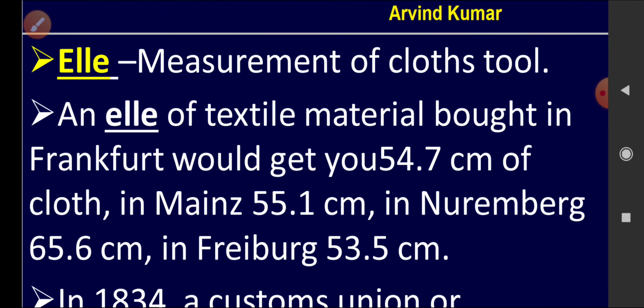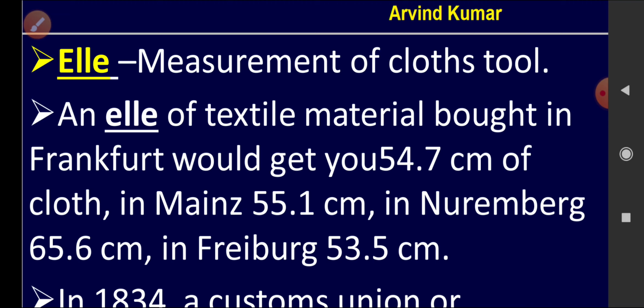Here some important terminologies are given in this paragraph 2. One is LE, you might see on the screen, it is highlighted here. LE refers to the measurement of cloth; this was the term used for the measuring instrument. What happened was that in Europe, from one place to another, there were different measurements of cloth.